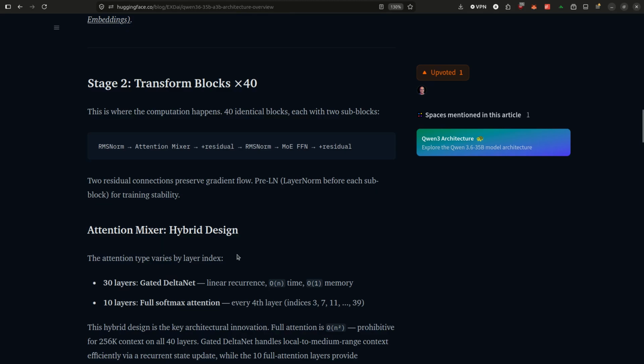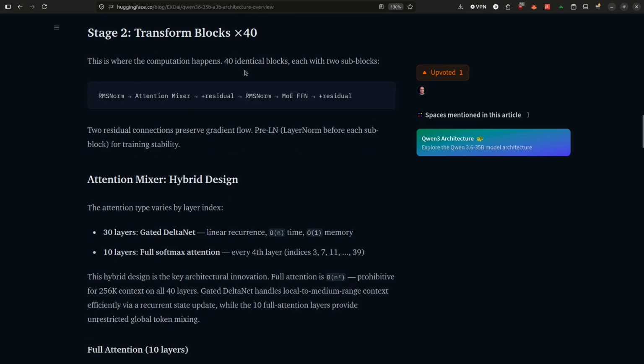Stage 2. So stage 2 is basically the transformer is composed of 40 identical transformer blocks, and this is what they look like. The RMS norm block, an attention mixture, a residual connection, another RMS normalizer, and then the mixture of experts feed-forward network, and then another residual connection.